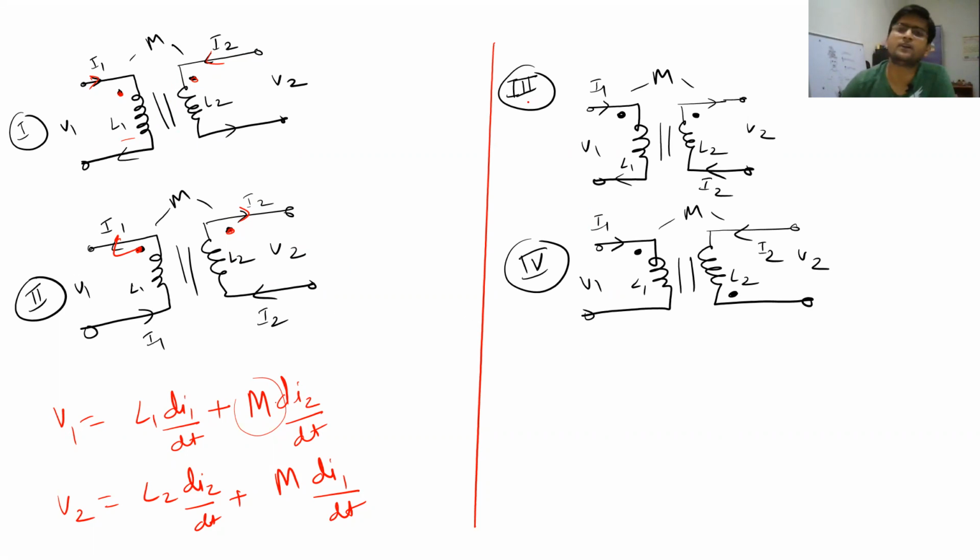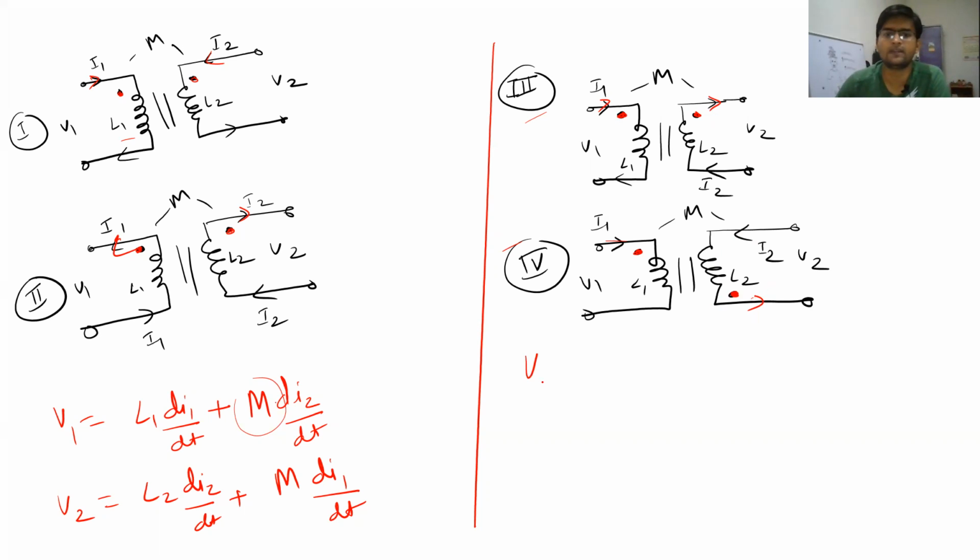Now here in the third and fourth cases, you see that at this dot the current is entering, but at this dot the current is exiting. So these are opposing in nature. So here the mutual inductance M will have a negative sign. And similarly here there is a dot where the current is entering, but on this dot the current is exiting. So for this also M will have a negative sign.